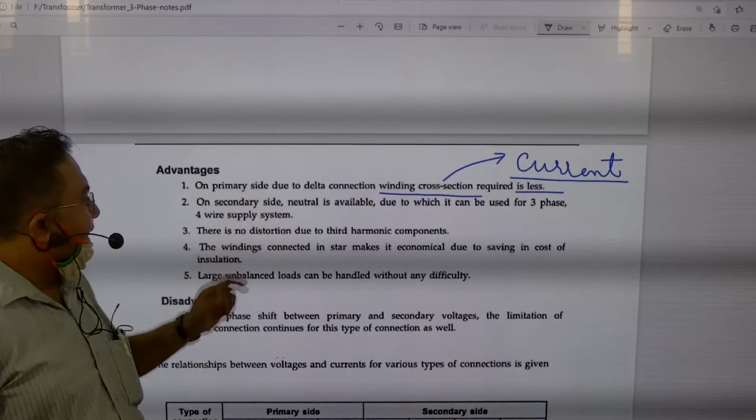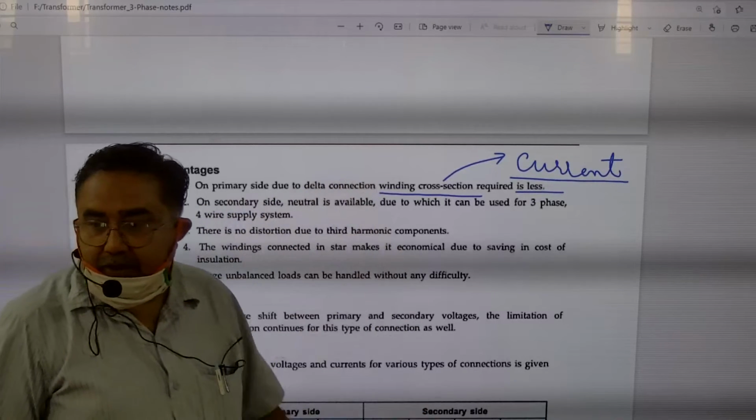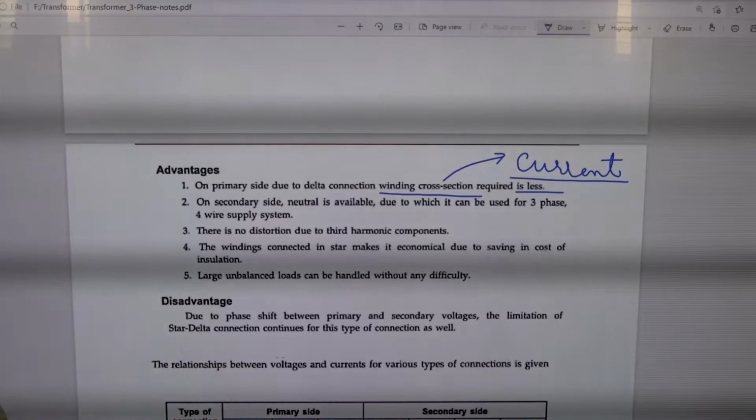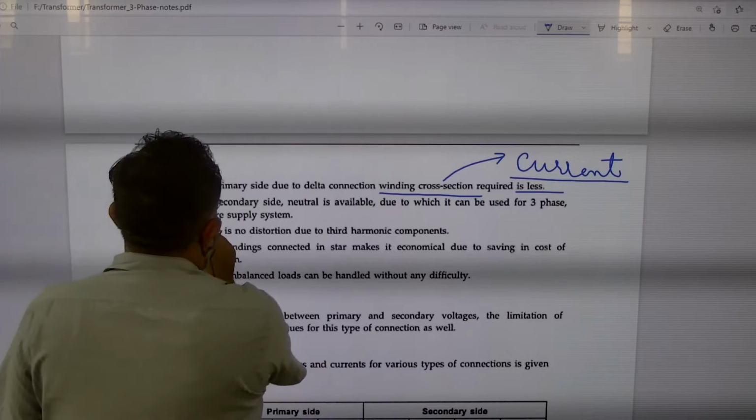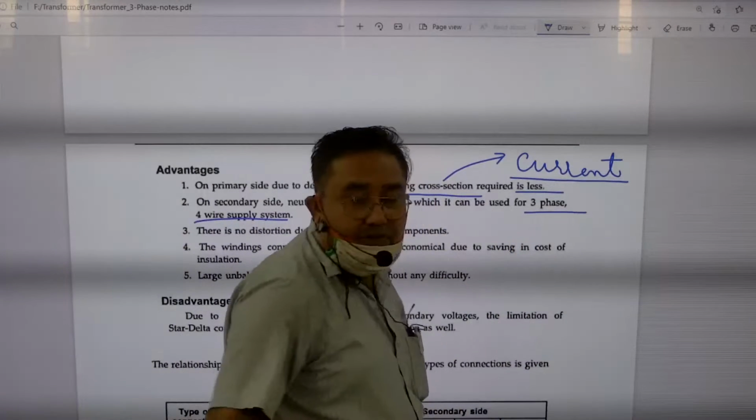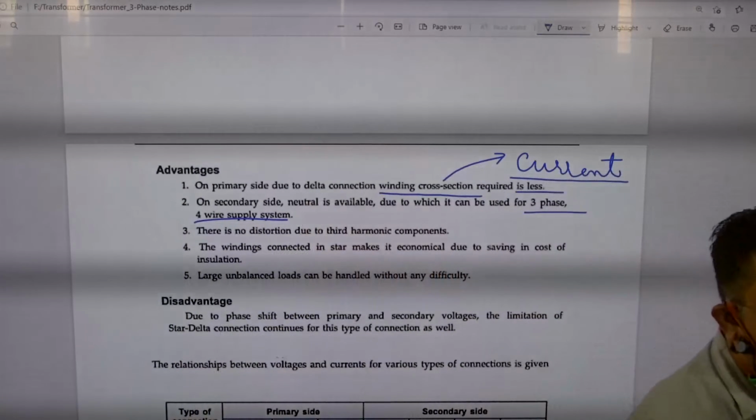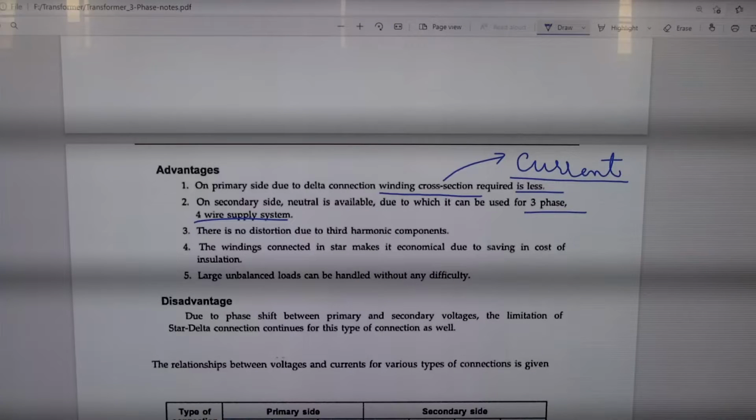On the secondary side, again what happens? Because it is delta star, neutral is available, therefore you can go for distribution of supply. It can be used for 3 phase 4 wire supply. कई घरों में आजकल 3 phase supply यूज हो रही है, AC यूज हो रहे हैं, तो हर फेज में एक AC.